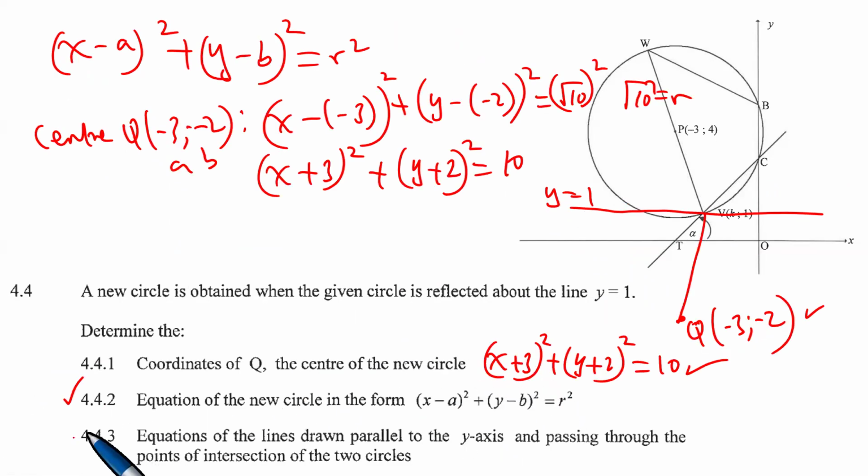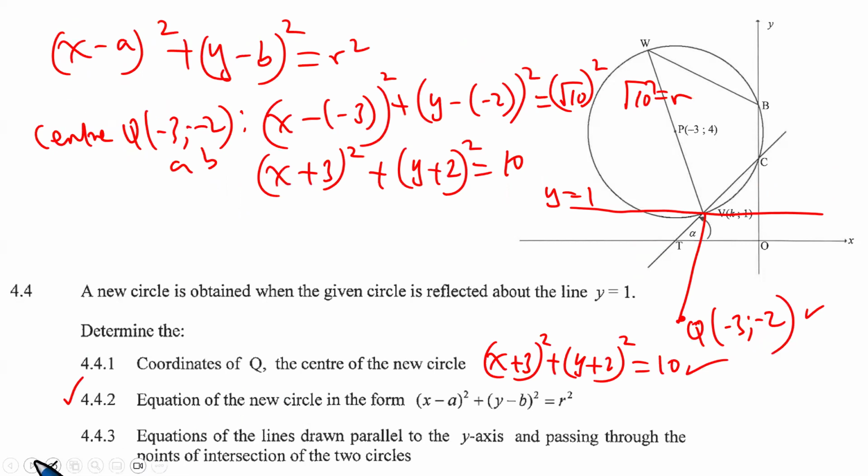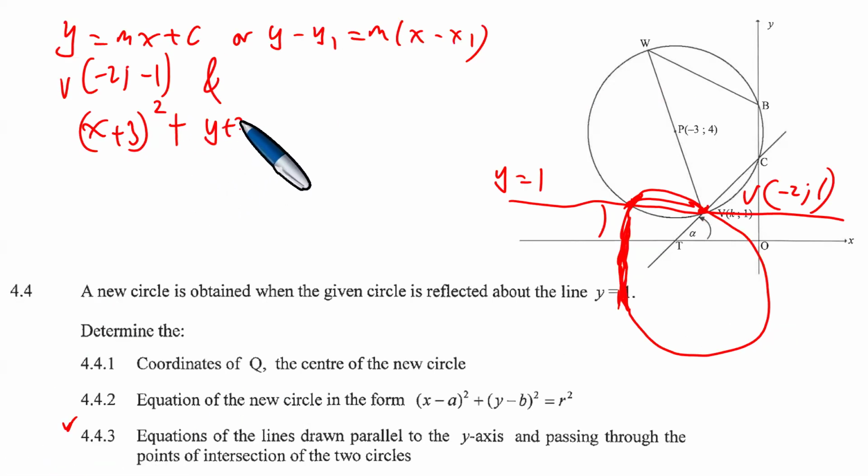It was x plus 3 squared, and then you have y plus 2 squared, and this is 10. That is the equation. So to find the points of intersection of the two circles, a couple of things are very important.